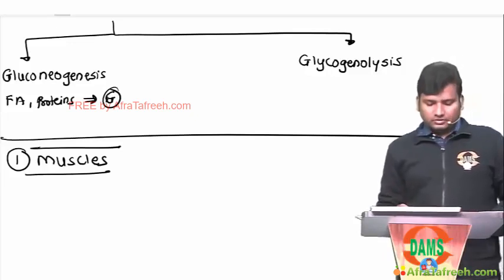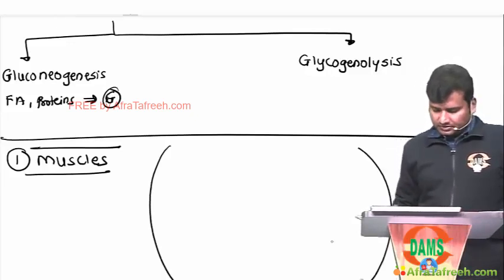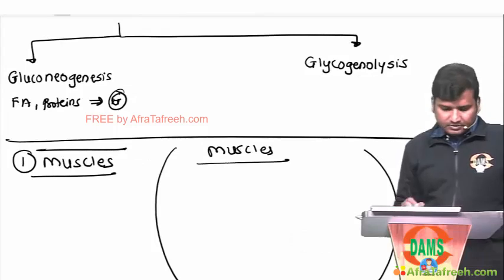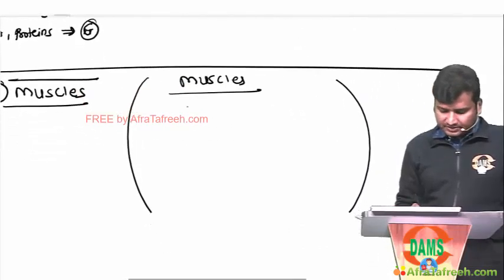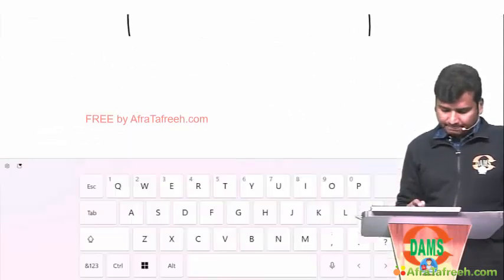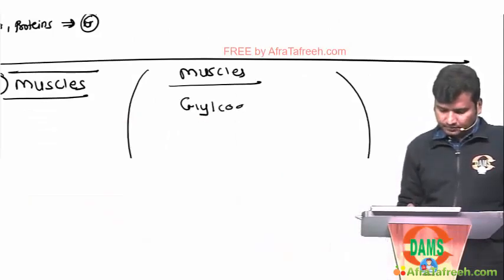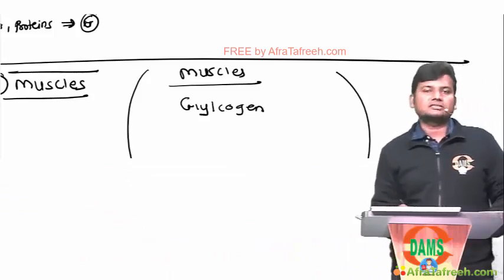Now, suppose these are muscles. Muscles have glycogen, and glycogenolysis is started.